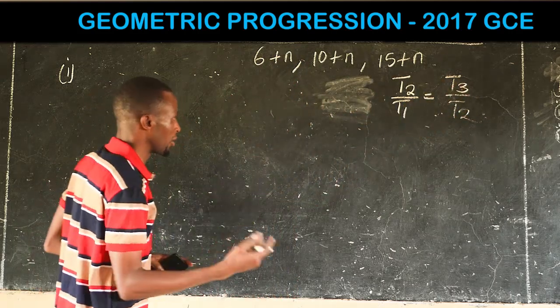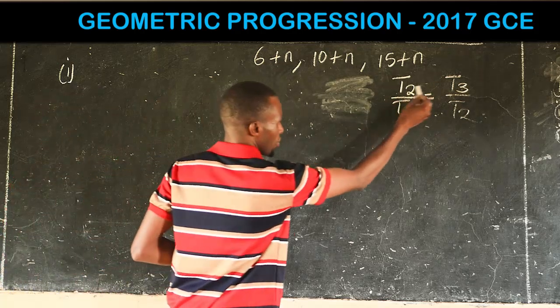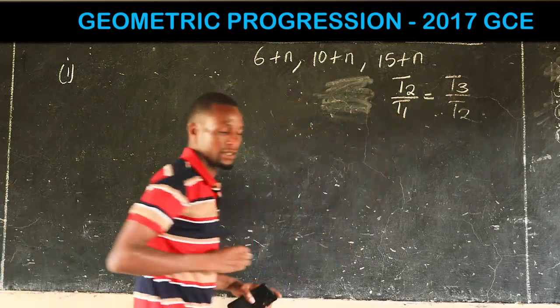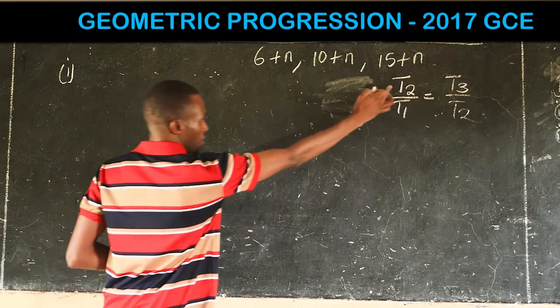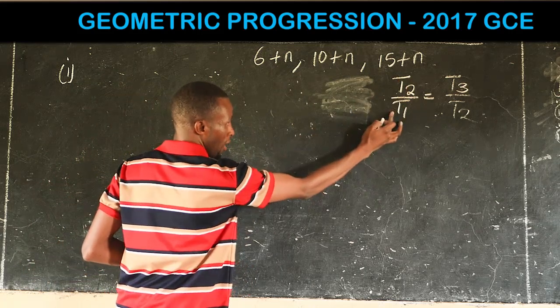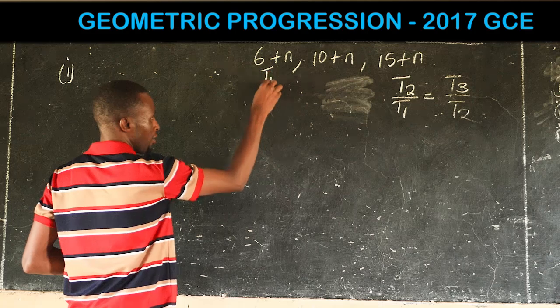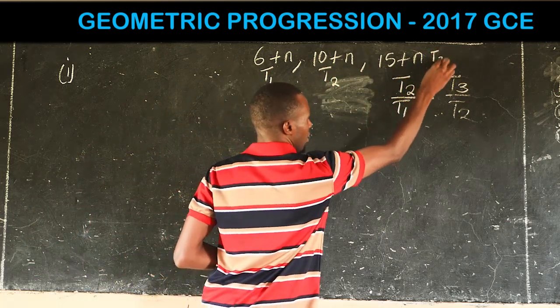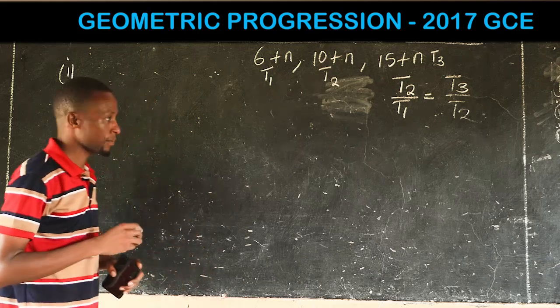Now check the way we are going to use it. We substitute our first three terms. The first one is T2 divided by T1. This is our T1, this is our T2, and this is our T3, the 15 plus n.